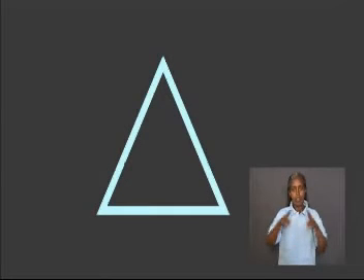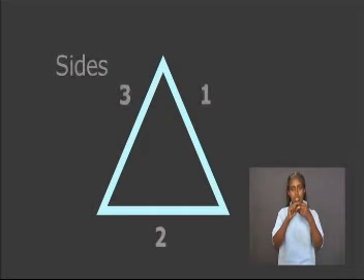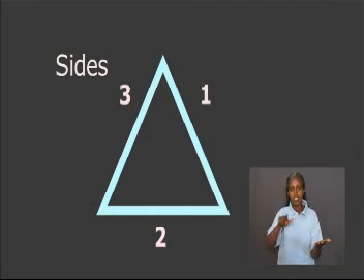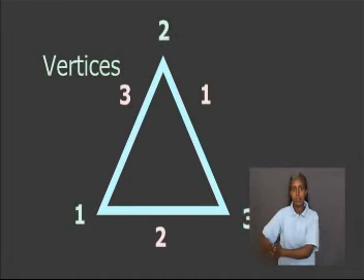A polygon is a simple, closed curve formed by joining three or more line segments, no two of which are collinear. The line segments of a polygon are called sides. The end points of the sides are called vertices.